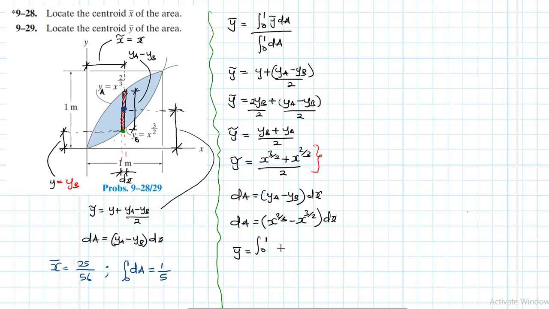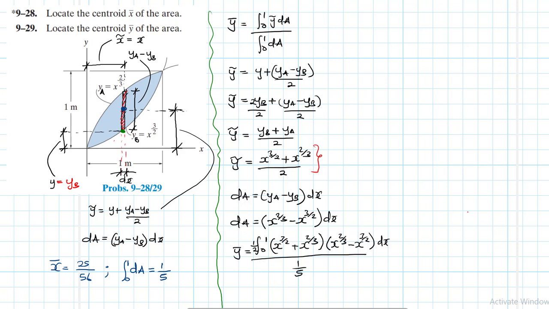So that becomes x to the power 3 over 2 plus x to the power 2 over 3, and then we factor out the 2 outside there, and then we have dx, which is (x to the power 2 over 3 minus x to the power 3 over 2) dx divided by 1 over 5.